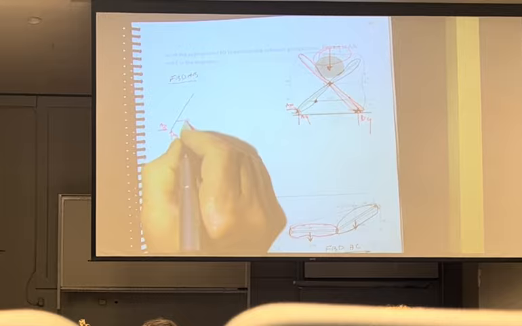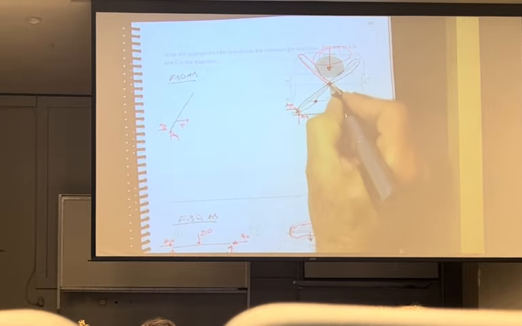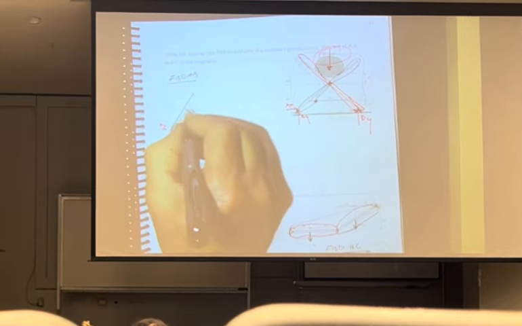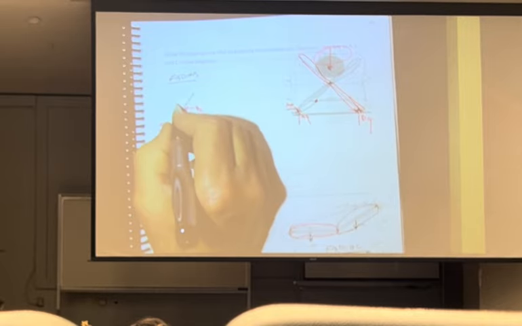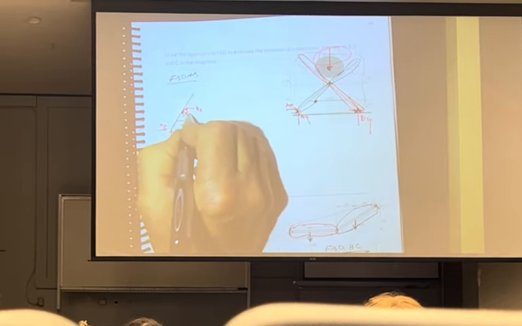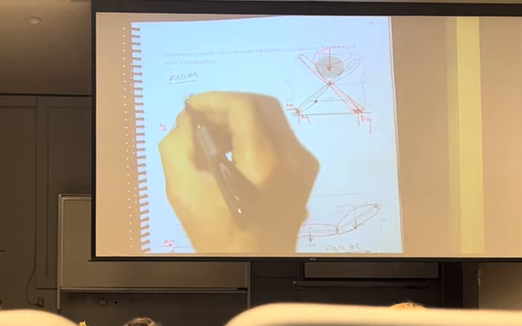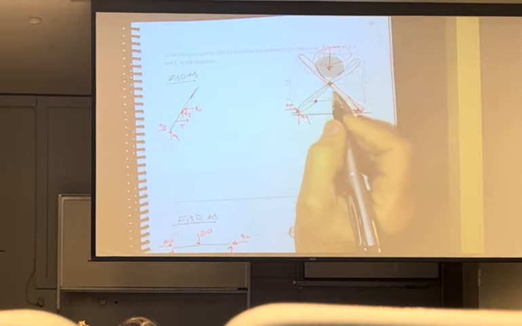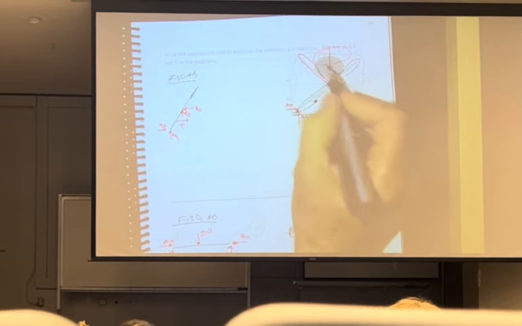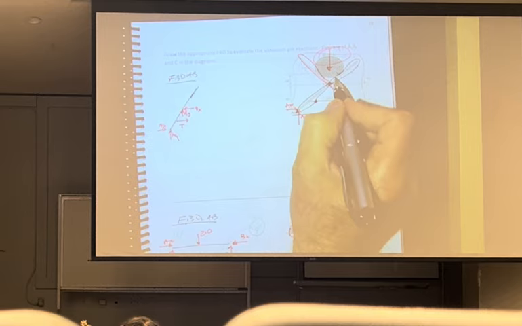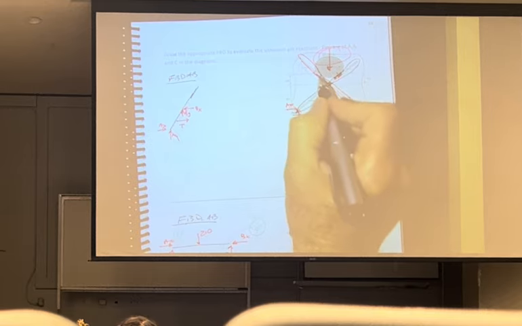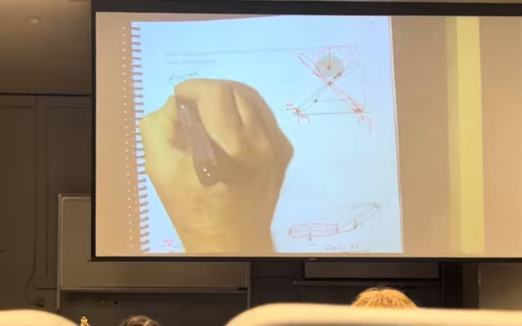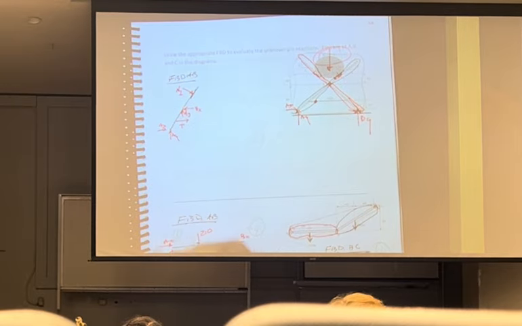I gotta show that T. I have to show a BX and a BY. But I also have to show a normal force because this ball is sitting on this side right here and that side right there. So I'm going to show here an N2.